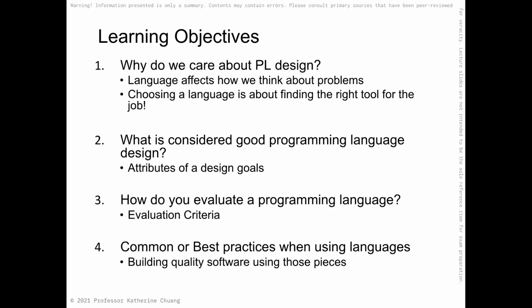There are some attributes that some research papers talk about for describing what is a good programming language, so we'll cover that a little bit. And then how would you evaluate? Well, typically you'd come up with evaluation criteria. There's another paper that talks about some reasonably good evaluation criteria that you can use. And finally, we'll end with some of the best practices when using languages.